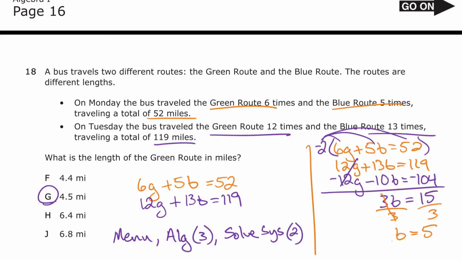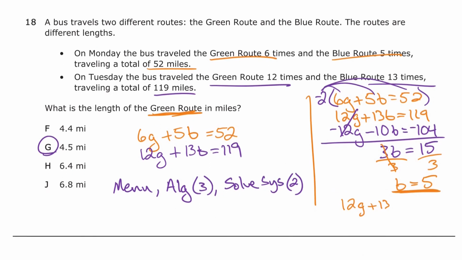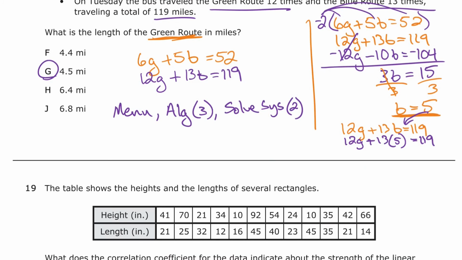Then, since that's B, blue, but it's asking for green, we would plug that back in to one of the equations. 12G plus 13B equals 119. We are plugging in the 5 for the B, so it's 12G plus 13 times 5 equals 119. 65 is 13 times 5, so 12G plus 65 equals 119.